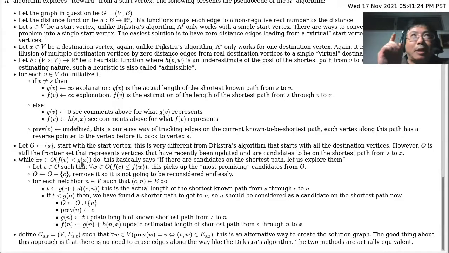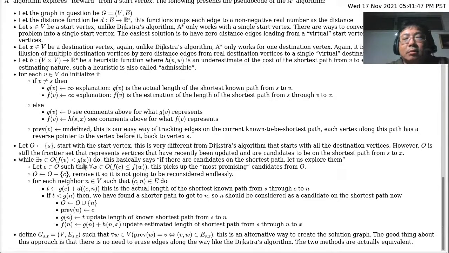Okay, let me see how I can put this correctly. For each vertex in O, if I look at a path from the start vertex through that particular vertex to the destination, the actual path is going to be greater than or equal to g of x also, which basically means I cannot find a shorter path anymore.